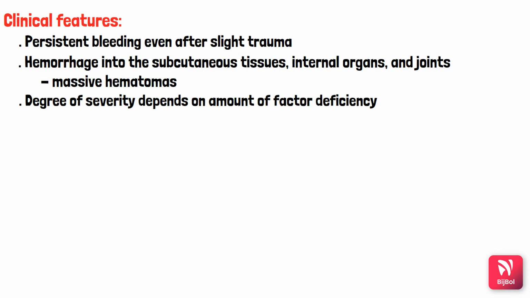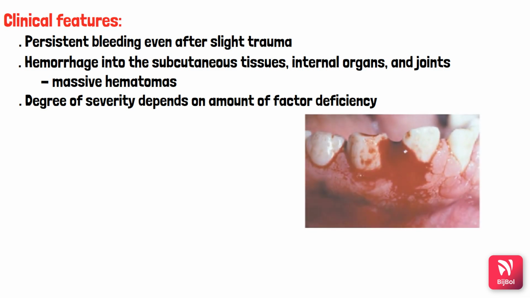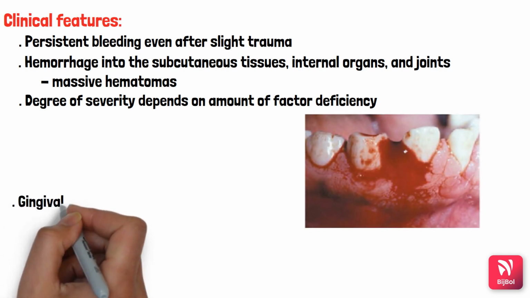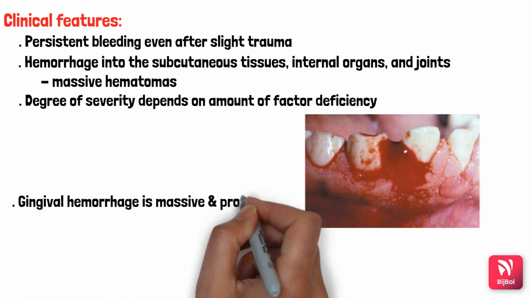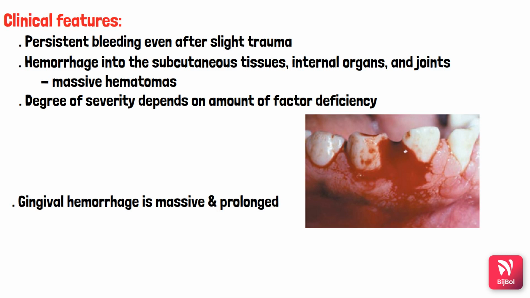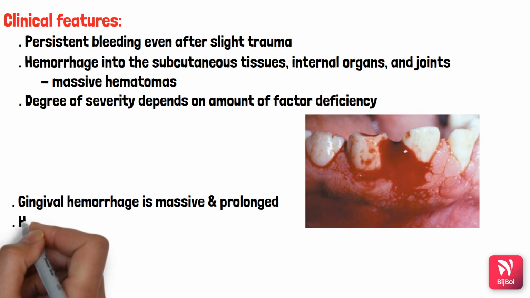Orally, in the oral cavity, the main important feature will be spontaneous hemorrhages, gingival hemorrhages, as you can see in the picture. Gingival hemorrhages will be very massive and also prolonged in nature. Other than gingiva, there are other sites within the oral cavity where hemorrhages can be seen.